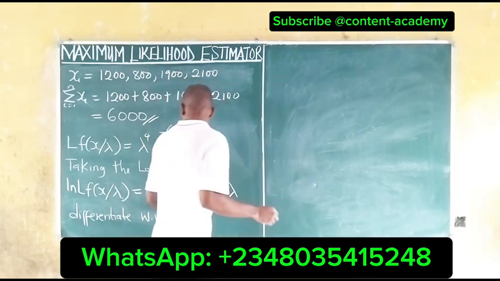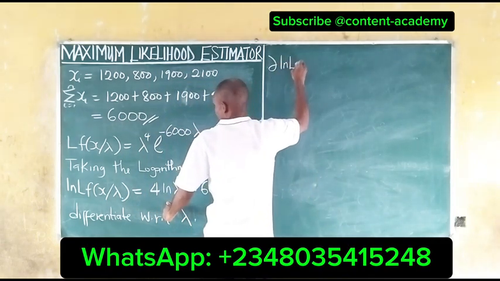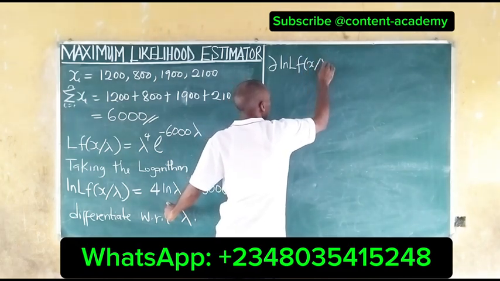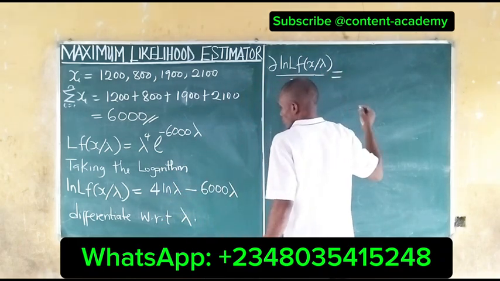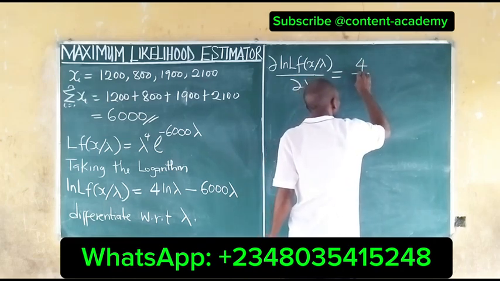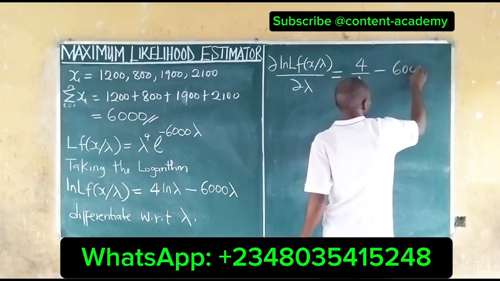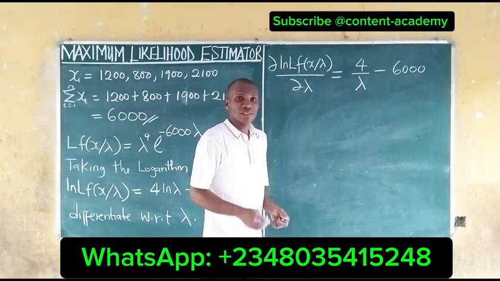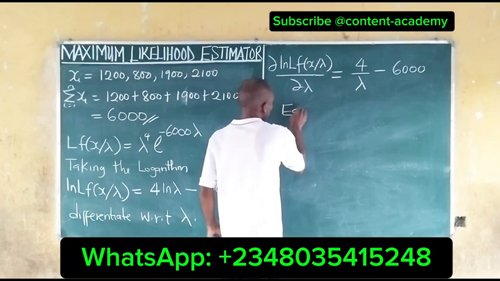So if we differentiate this, we'll have the differential of the log likelihood function with respect to lambda equal to 4 all over lambda minus, if we differentiate this, we get 6,000. So from maximum likelihood, after differentiating, the next thing to do is to equate to 0.